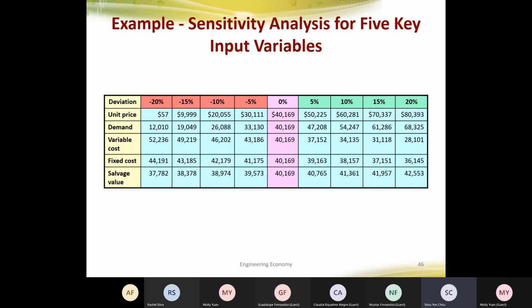We want to see whether or not it may turn the project from a project that should be accepted to a project that will be rejected. If we cannot estimate the unit price accurately, we do have that risk, and the unit price impacts the overall profitability the most, as you can see. Next page.